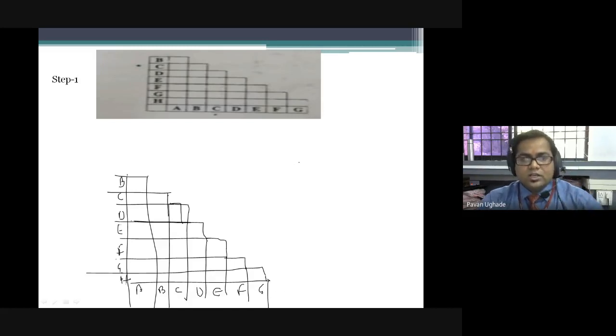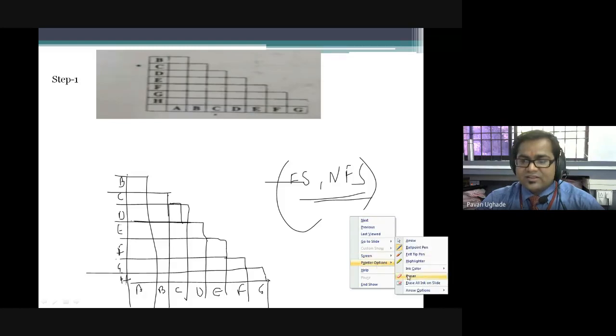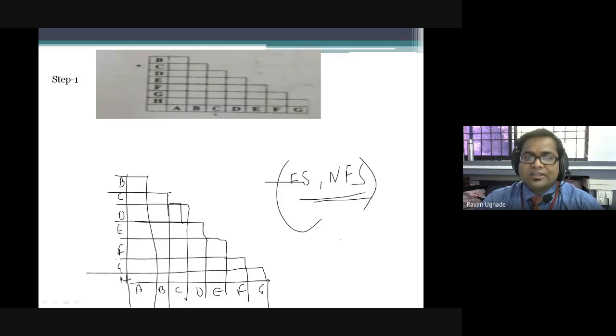Okay, class. So now I'll ask you one question. What will you say if one of the states is a final state and another is a non-final state? Can they be equivalent states? This is which combination, guys? This is a combination of either distinguishable or indistinguishable states, final state and non-final state.